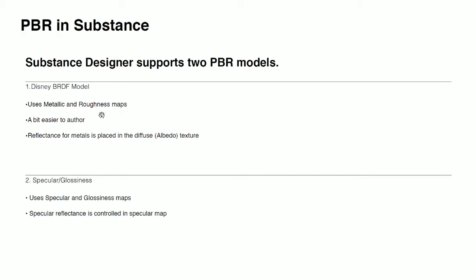Again, we'll talk about how that works. And the way this system works, I find it to be less prone to error too. If you're working with a lot of artists and you're all using the same Disney BRDF model, it tends to be easier to author the maps, and there's a little less leeway for major errors.